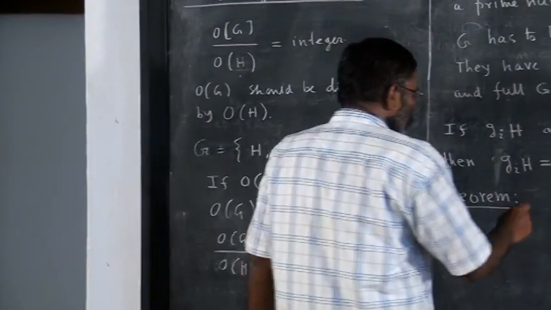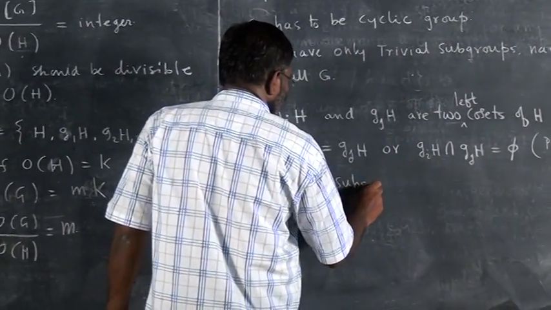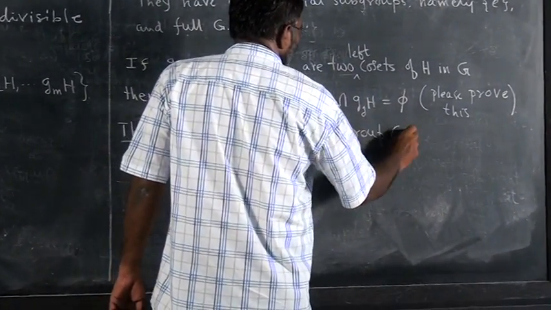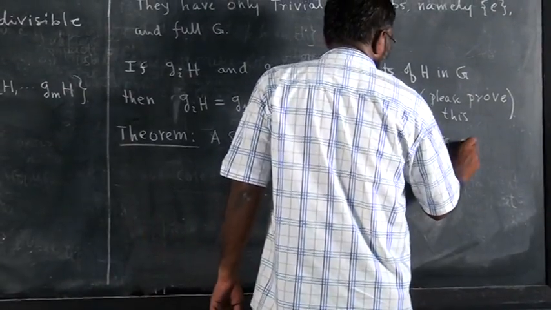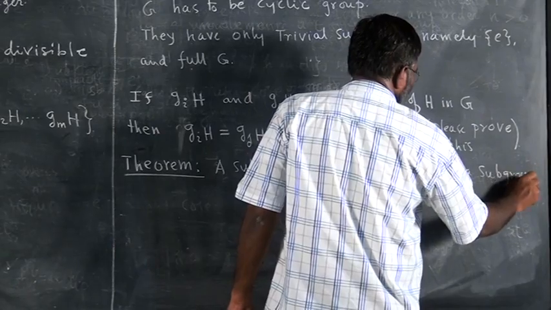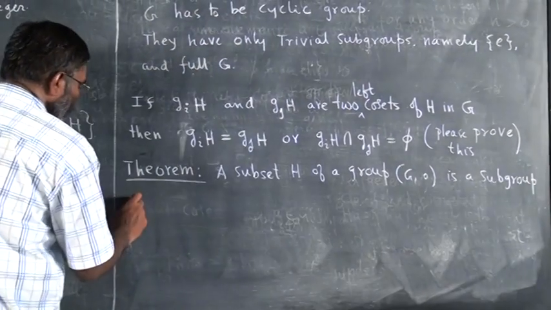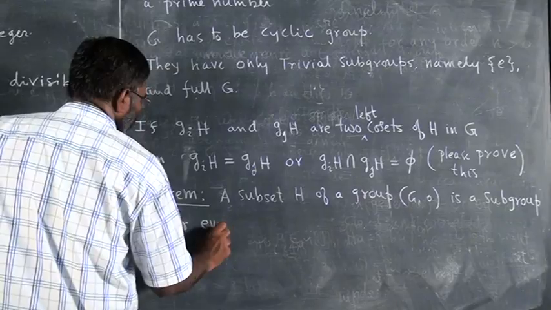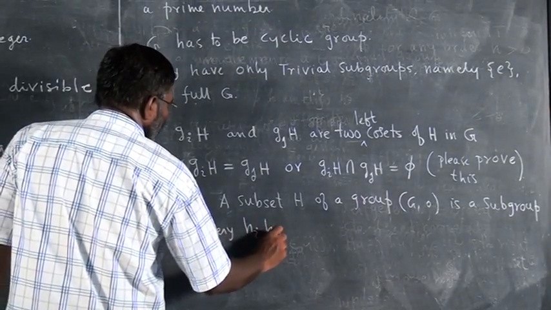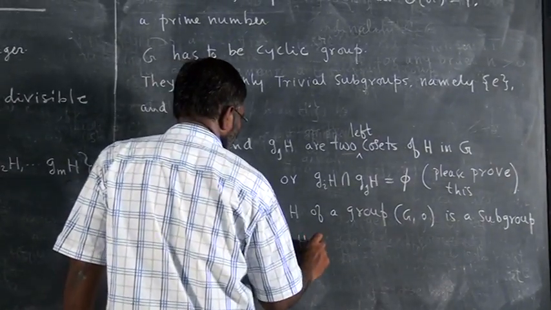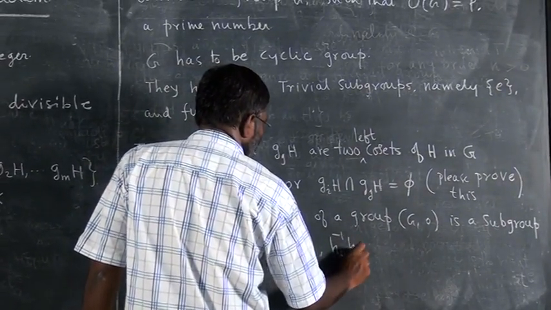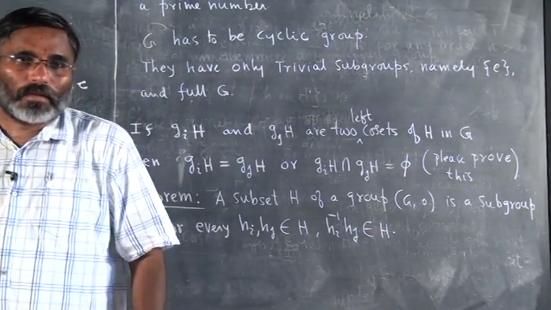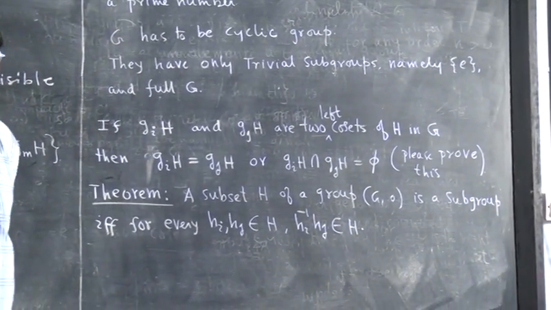So, a subset H of a group is a subgroup if and only if for every hi, hj in H, hi inverse hj is also in H. So you have to just verify this one property. Then you can say that this is a subgroup.